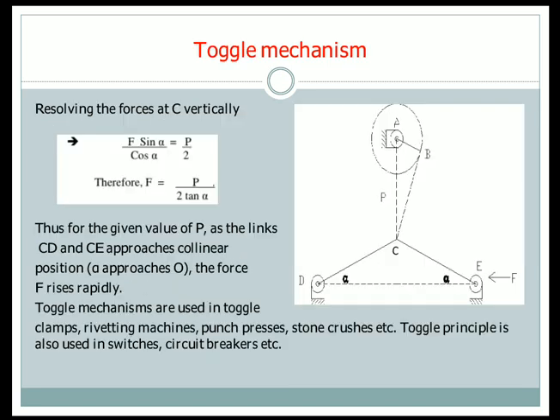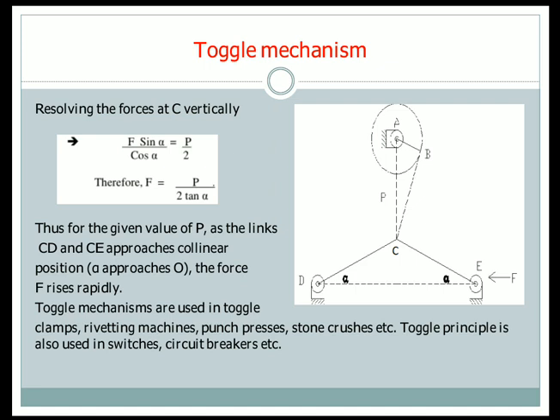Now we shall resolve the forces at point C vertically. So resolving forces, we have to take the vertical forces into consideration. One is F sin alpha divided by cos alpha is equal to P by 2.